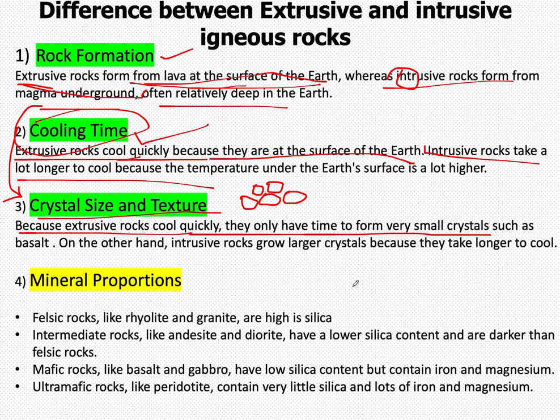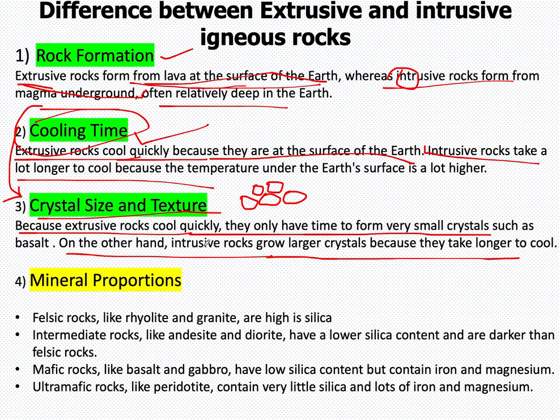Basalt is a very famous example, and gabbro too. In rocks like these, you cannot distinguish the minerals with the naked eye. But intrusive rocks take a lot longer time to cool. They have time for compaction and solidification, so they form large minerals, and you are able to distinguish between them.